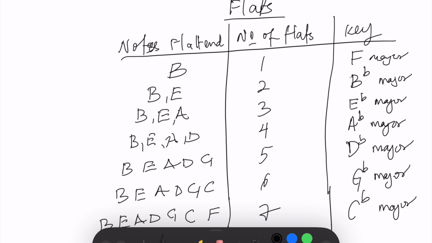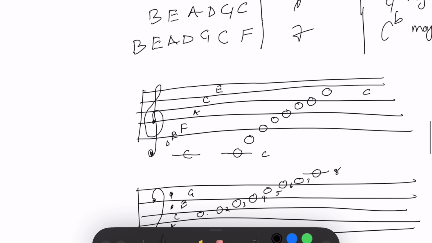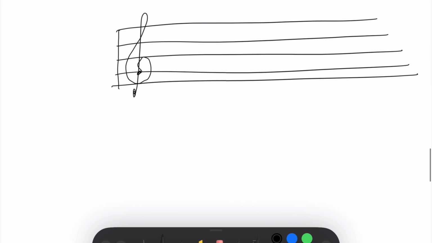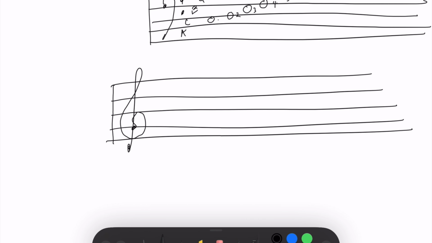It's on B, because B is flattened. So we'll come to the line that is B, or the space that is B, and we'll put our 1 flat right there. In this case, it's the third line, so we put 1 flat in this place. That becomes the key of F.